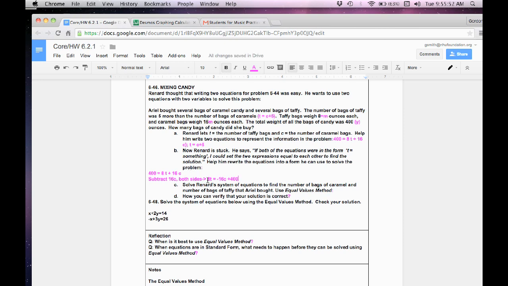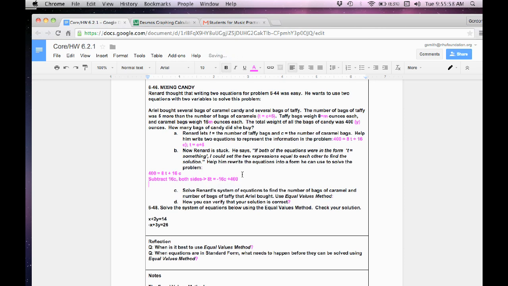Let that sink in for a second. 8T is equal to negative 16C plus 400. Then to find T, we'll divide by 8 on both sides. And that will get us T is equal to negative 2C plus 50.